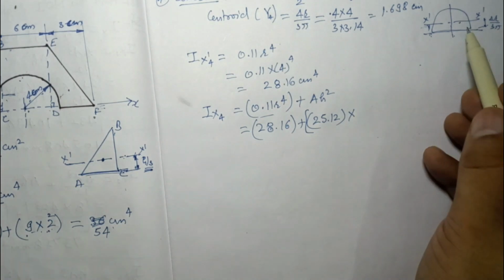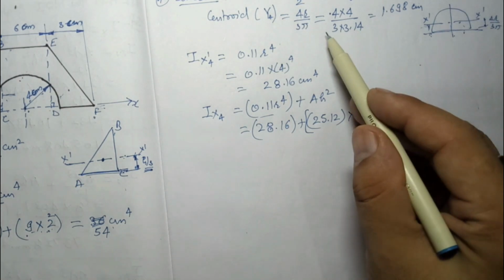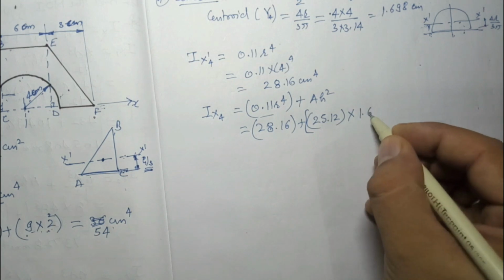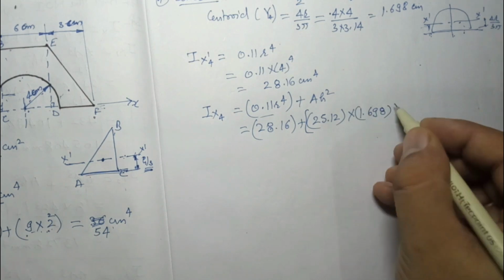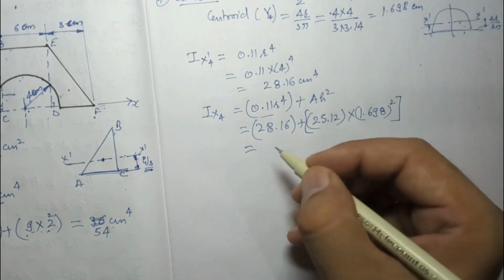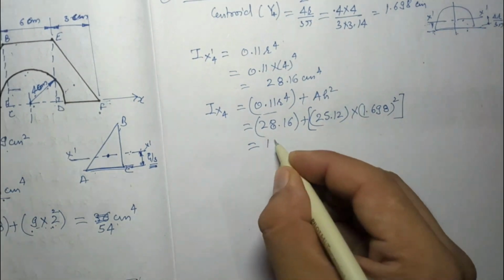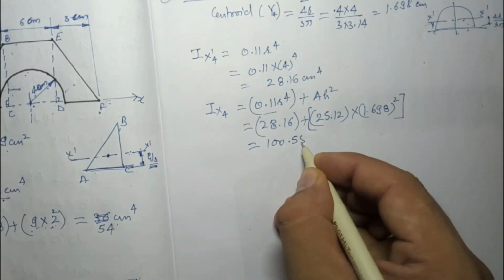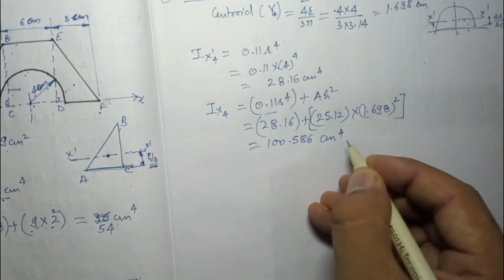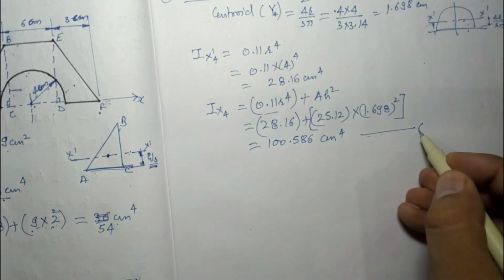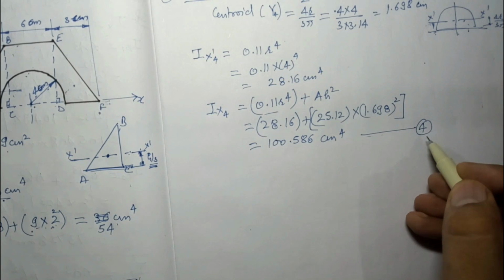What is the distance? H is again 4r by 3 pi, so this is 1.698 square. After calculation we get 100.586 centimeter power 4. So this is the moment of inertia of the fourth surface.